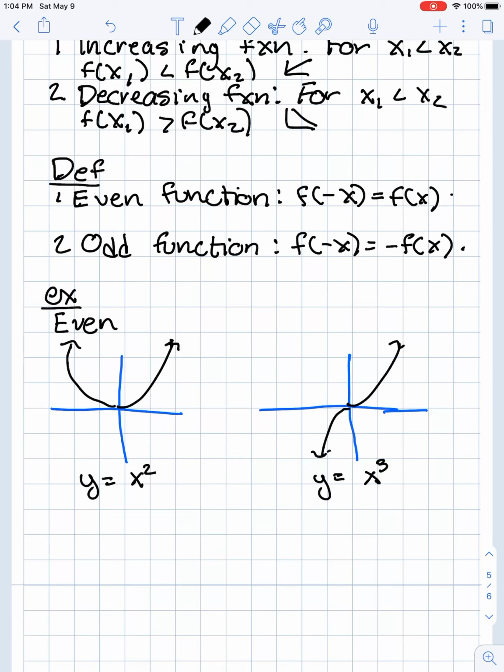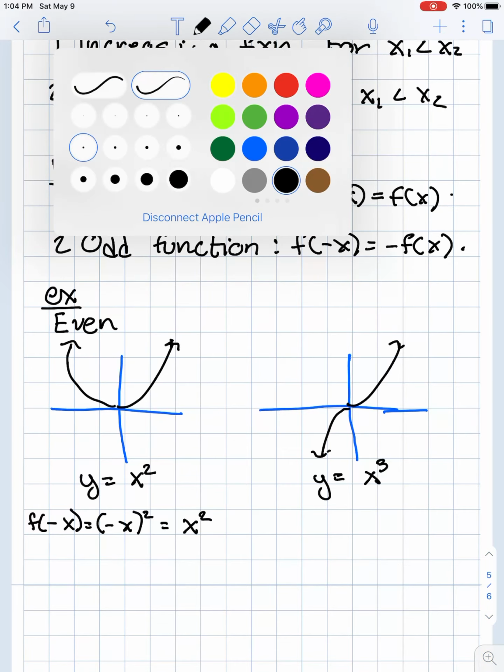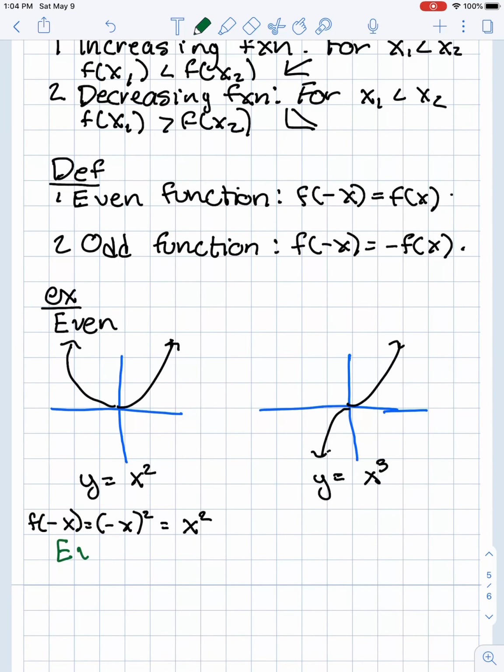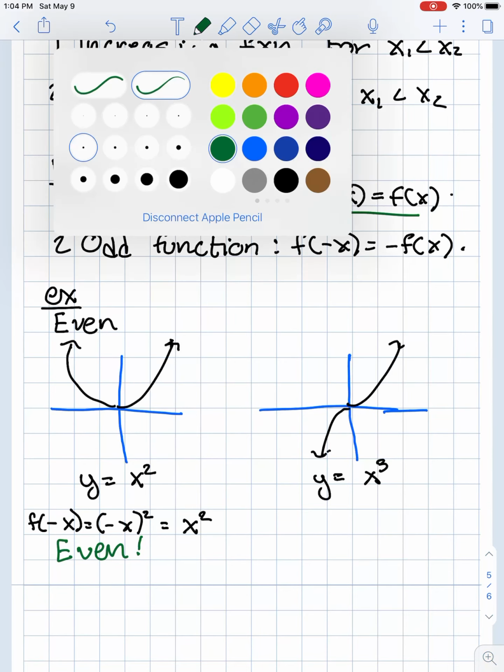I'm going to plug in negative x. So I'm going to have f of negative x is negative x squared. Well, a negative times a negative, that's just positive. So I get positive x squared. So we'll call that one, oh, I like this dark green, even, because it satisfied this up here.